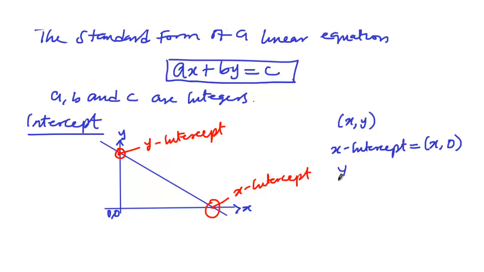And of course, the y-intercept in this case is the value of y when x is equal to 0. So this will be 0, y. Now, if an equation is given, the y-intercept can be determined using the slope-intercept form of a straight line, and when we get there, I will still explain that. But one of the best ways you can determine either the x or y-intercept is to set x equal to 0 to get the y-intercept, and to set y equal to 0 to get the x-intercept. So now let's move on.